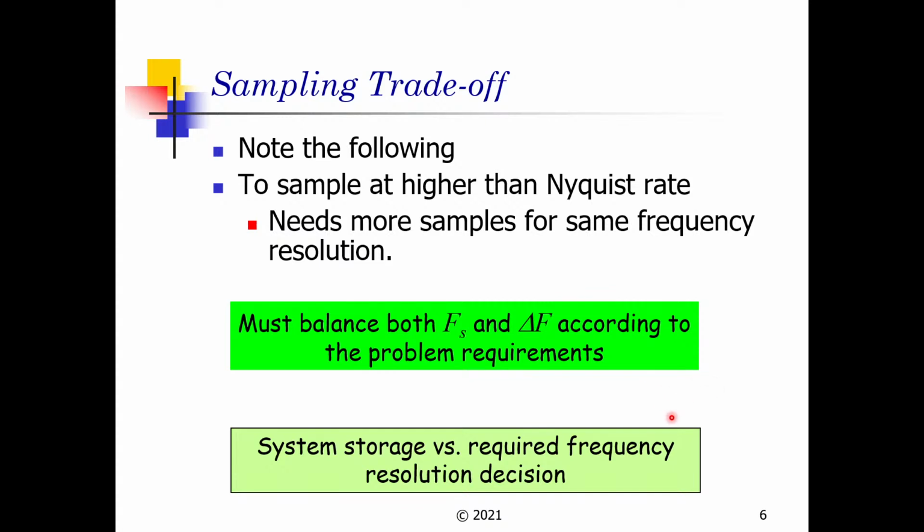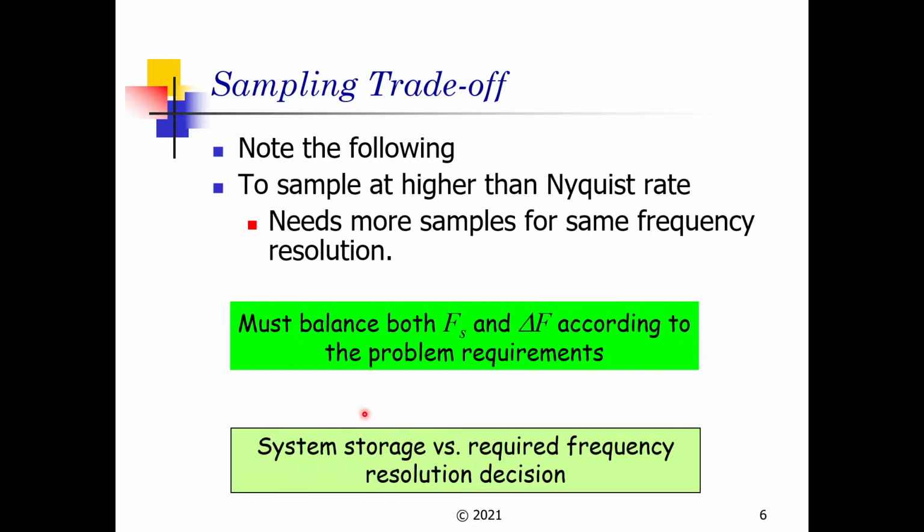Alright, so let's continue from where we were. What I was mentioning on this slide is that you need to make sure that you balance your required sampling frequency and your frequency requirements, which is going to give you an idea of what your system storage is going to be. So I'm balancing the sampling frequency and frequency resolution, meaning how accurate you want your signal reconstruction to be. This will match back to the least amount of samples that you require for your system storage.